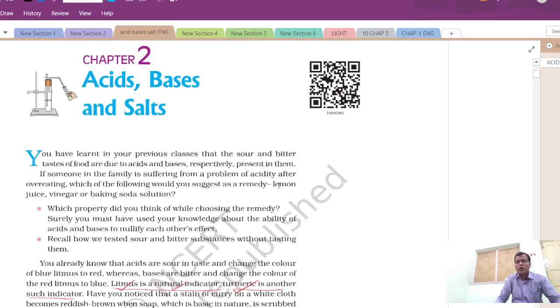Acids, bases and salts. In chemistry, the compounds have been divided into 3 categories: acids, bases and salts. Just as you will study in your next chapter that the elements have been classified into 3 categories: metal, non-metal and metalloid, similarly, compounds have been classified into 3 categories: acids, bases and salts.